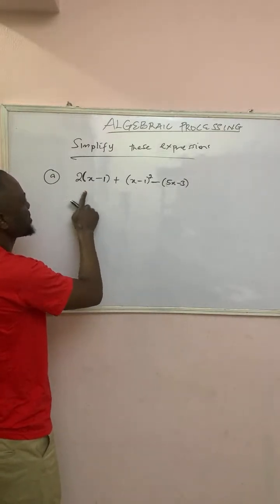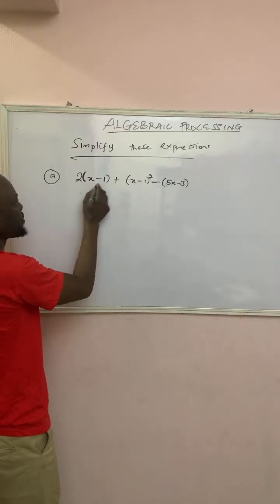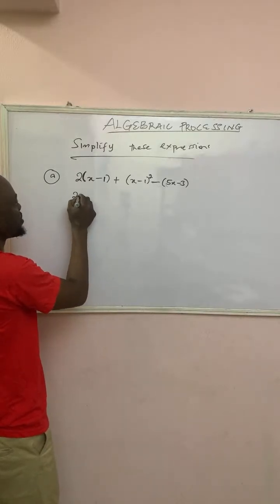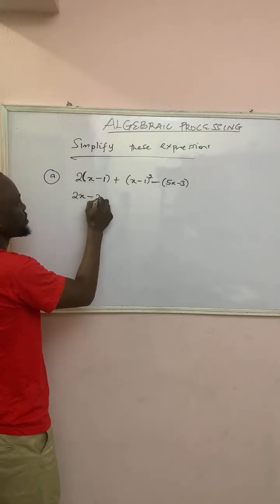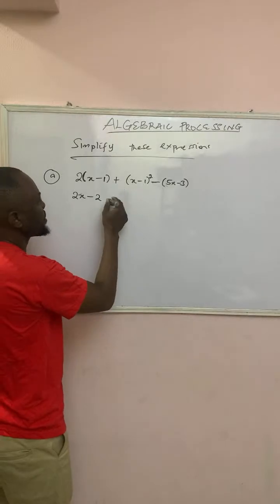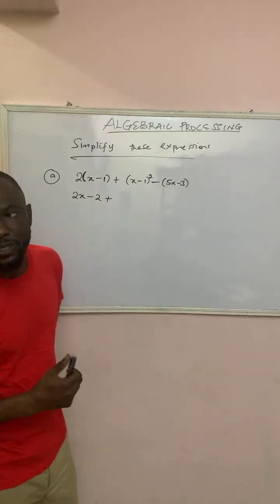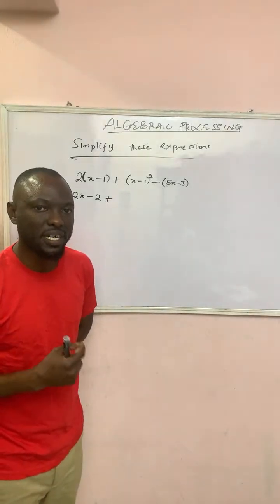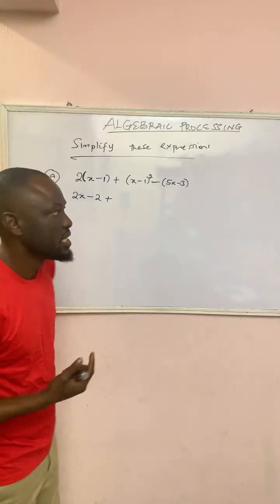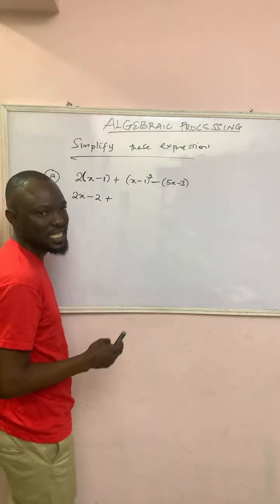For this, we can open up this by saying 2 times x is 2x, 2 times minus 1 is minus 2. For this, because we have x minus 1 raised to the power of 2, it means I'm going to multiply x minus 1 by itself.